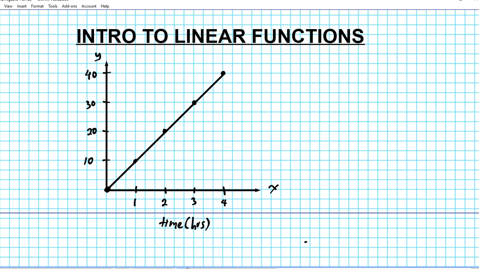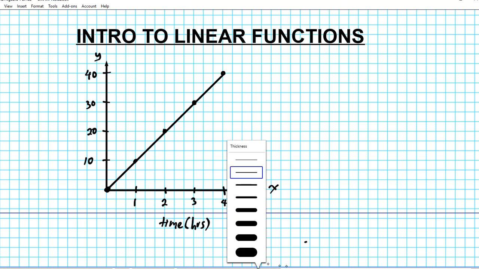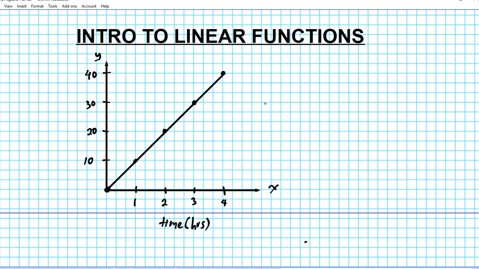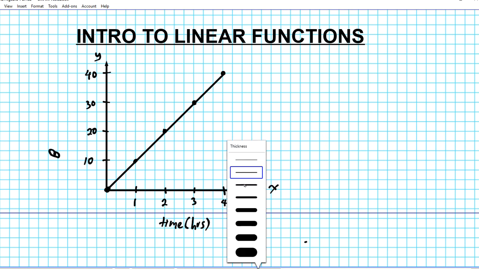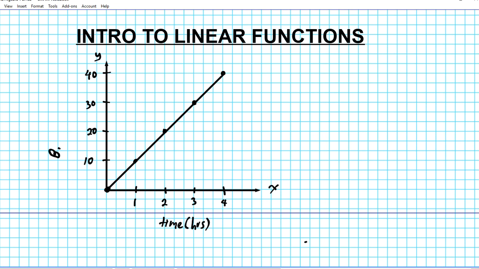Alright, so the first question we're going to be looking at is the independent and dependent variables. Based on this graph, we have time in hours, and this is the number of bricks made.